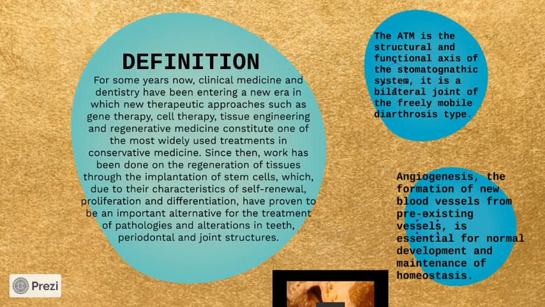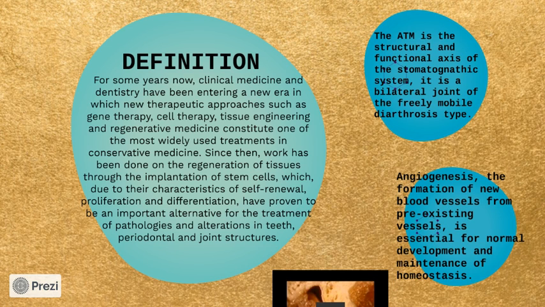Definition: for some years now, clinical medicine has been entering a new era in which therapeutic approaches such as gene therapy, cell therapy, tissue engineering, and regenerative medicine constitute some of the most widely used treatments in conservative medicine.